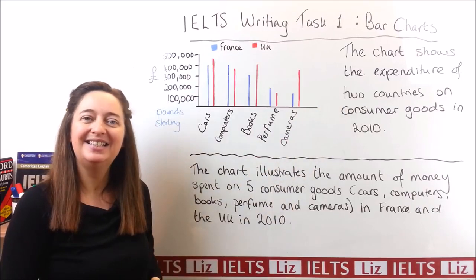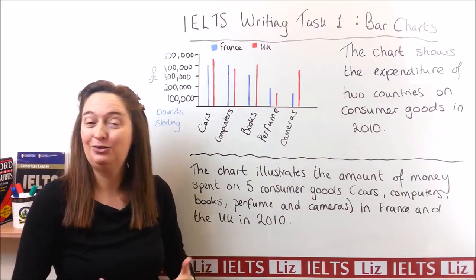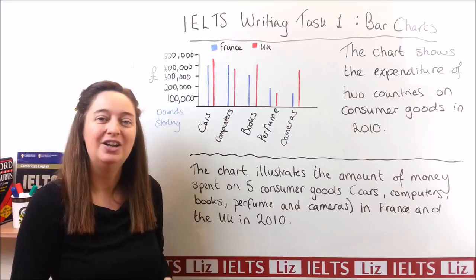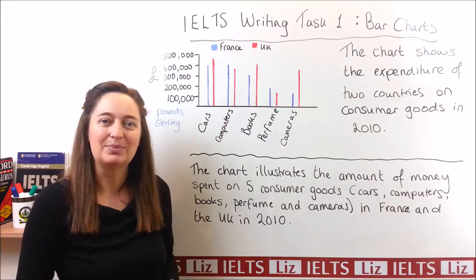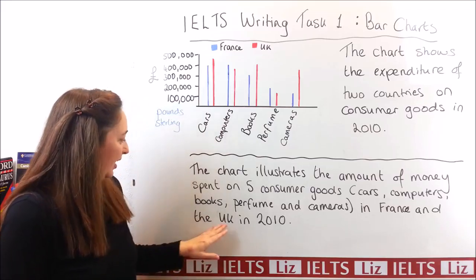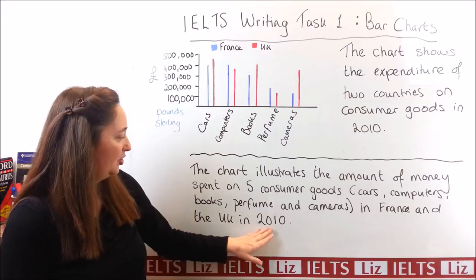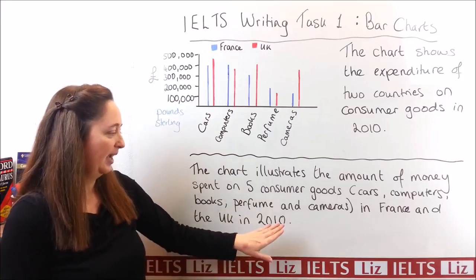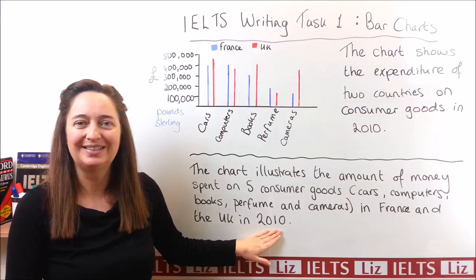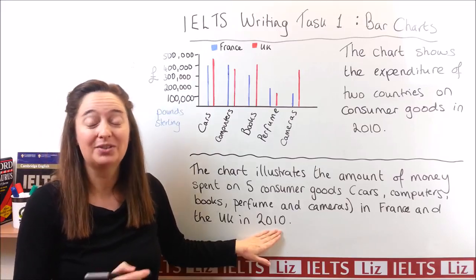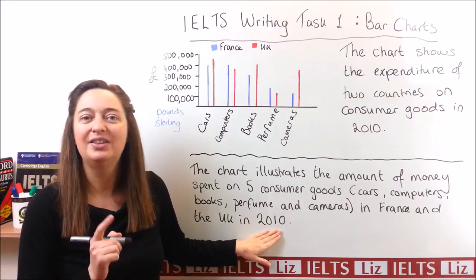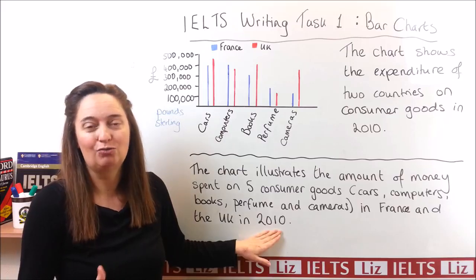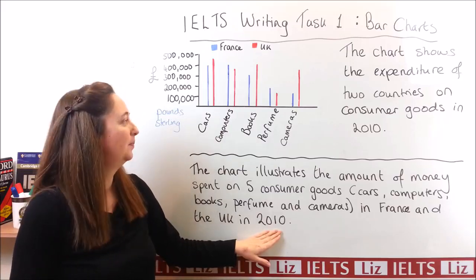But again, this is the introduction and I want to introduce these 2 countries. So always try to give the names if you can. In the UK and France in 2010. And of course the date, very important because we must pay attention to the date to know the tense that we will use for writing this task 1.